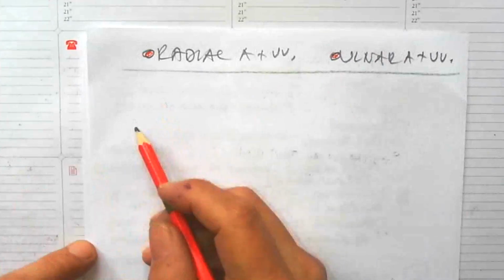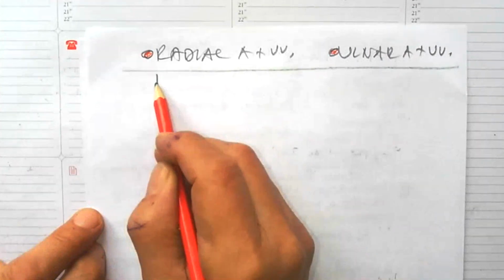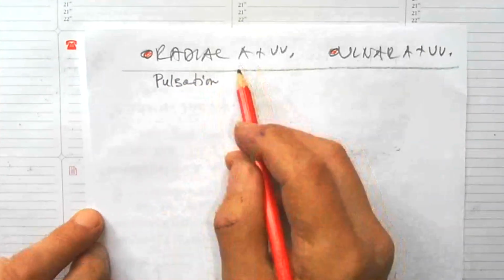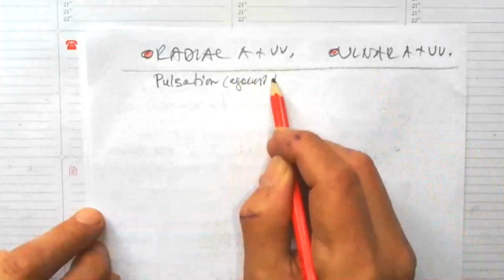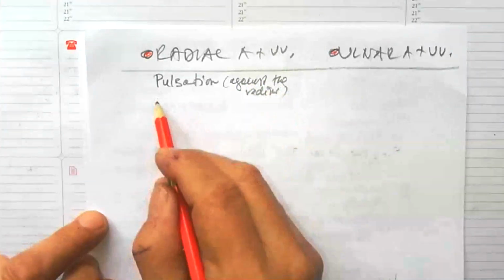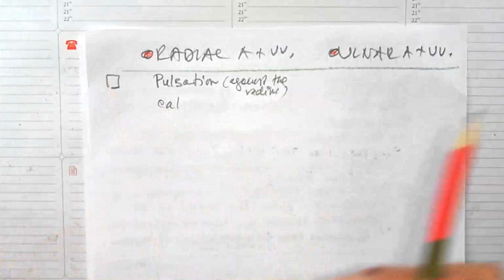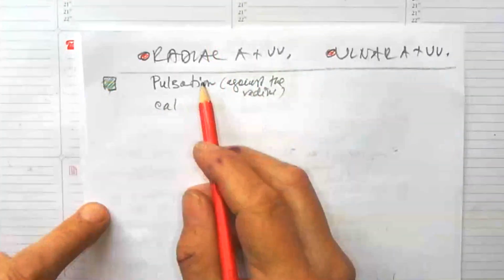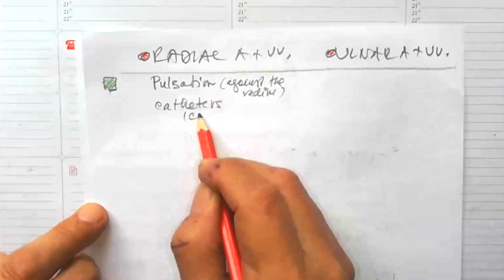run together with some structures, and there are some important points. Concerning radial artery, don't forget the pulsation against the radius. We know radius in the distal quarter, and then radial artery is used for clinically important points. So maybe we can call them again by green. Catheters, they are used in cardiosurgery.